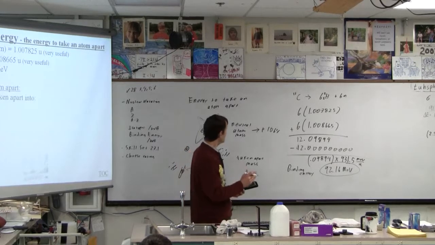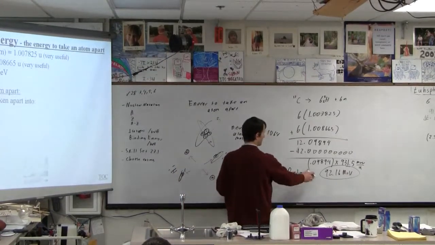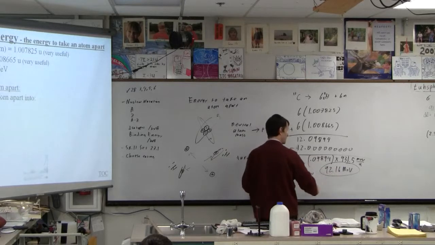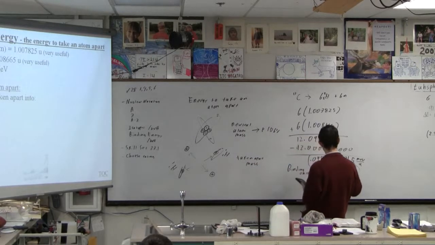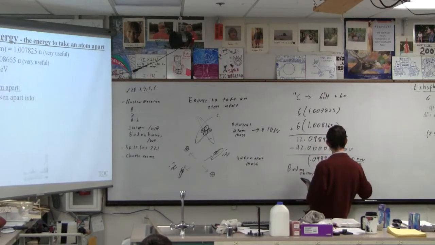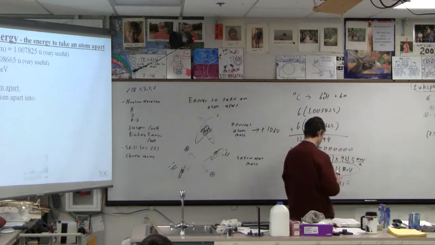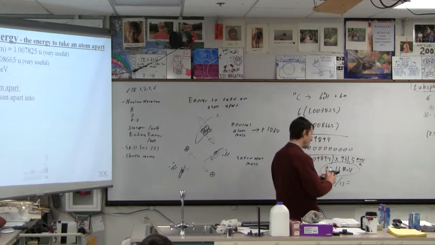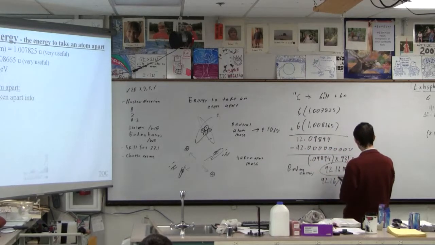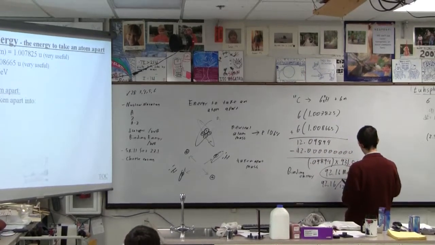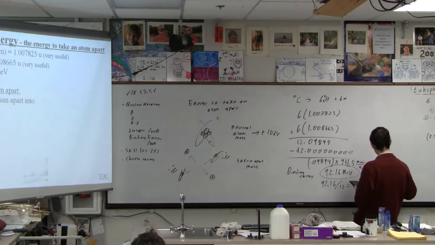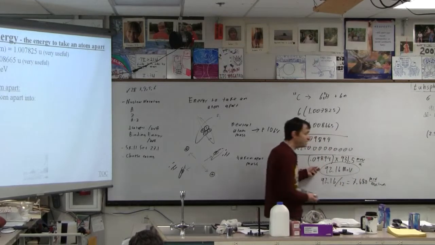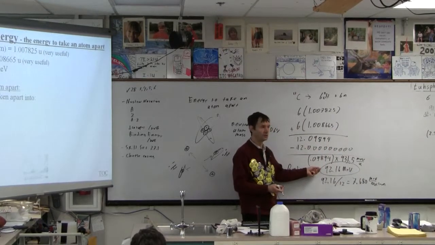Now, the other thing we talk about with this, if it's 92.16, we could also go 92.16 divided by 12. I'm going to divide this by 12, and this is the binding energy per nucleon, 7.680 MeV per nucleon. If they say binding energy, they want the whole thing.